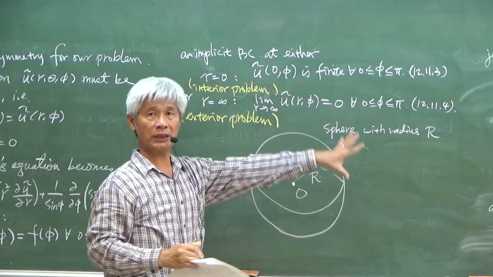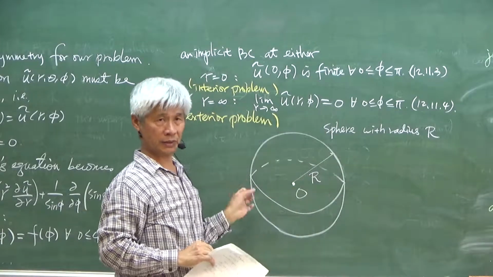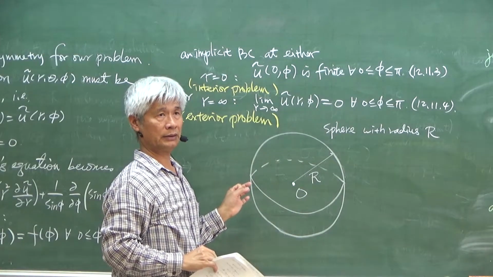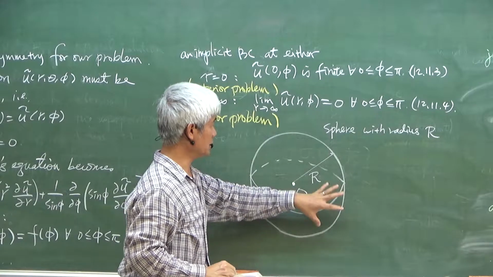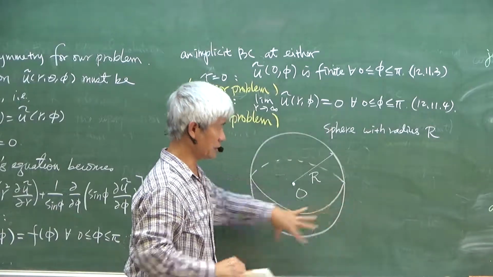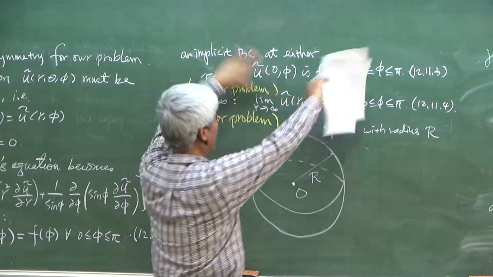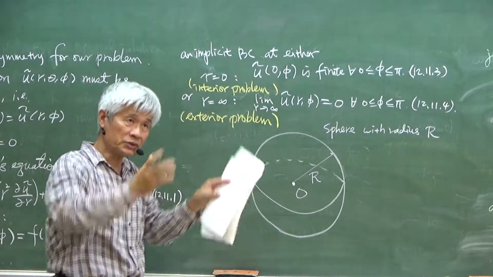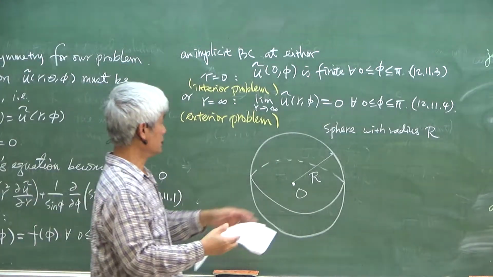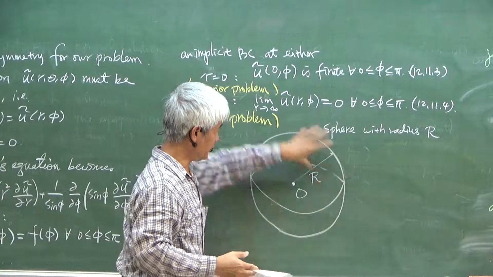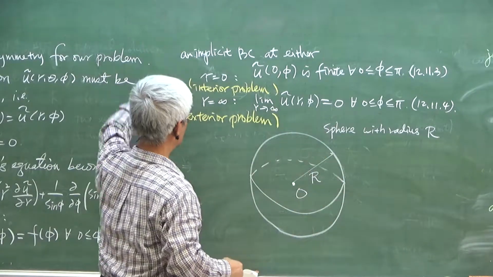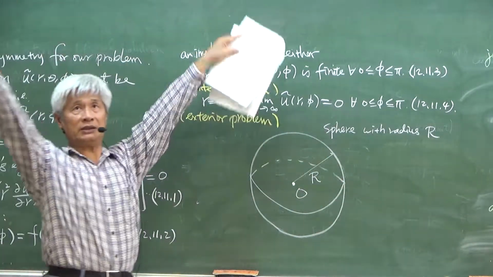So we have two possible problems to consider. For the bounded region, the boundary is just a sphere. For the unbounded region, the boundary is also the sphere, and also r going to infinity.